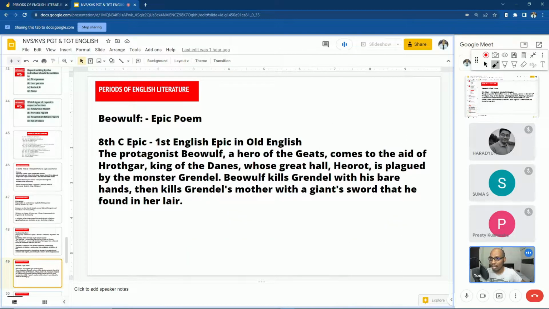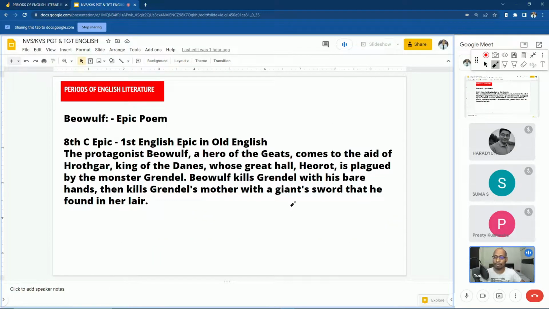Okay, now what is the major work of art during the Old English period? Beowulf. It is an epic poem. We already discussed the epics in English literature. Paradise Lost, written by John Milton, and then we have one more epic.